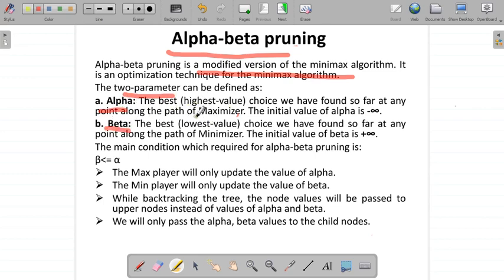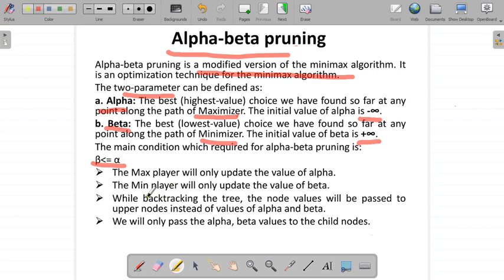Alpha is associated with maximizer, beta is associated with minimizer. The initial value for alpha is minus infinity. The initial value for beta is plus infinity. The main condition required for alpha beta pruning is beta less than or equal to alpha.